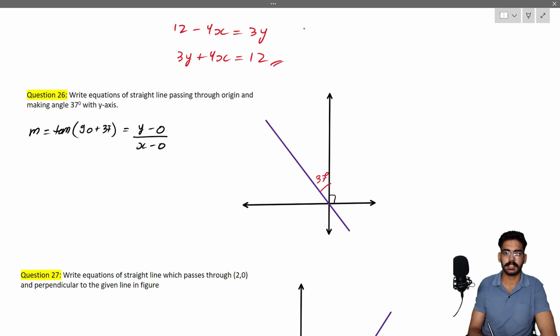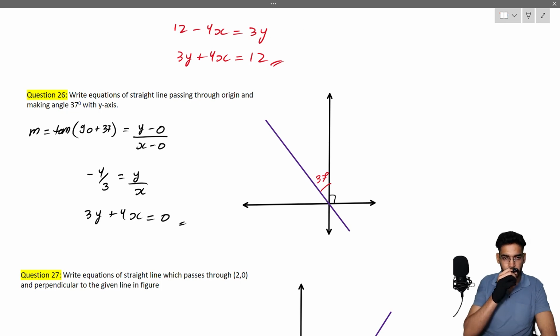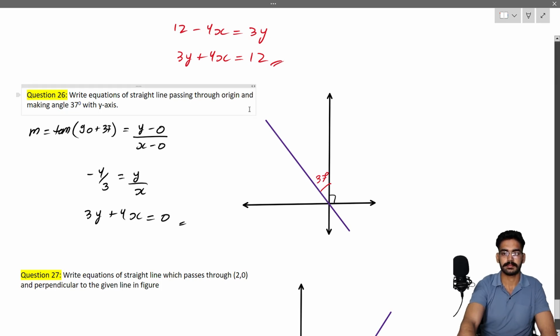So tan of 90 plus 37 I have taught you, that is minus of cot 37. Okay, so that is tan 53. Tan 53 I can say 4 by 3, so that is minus 4 by 3 equals y by x. So this is I can say 3y plus 4x is equal to 0. Okay, I hope you have got this.